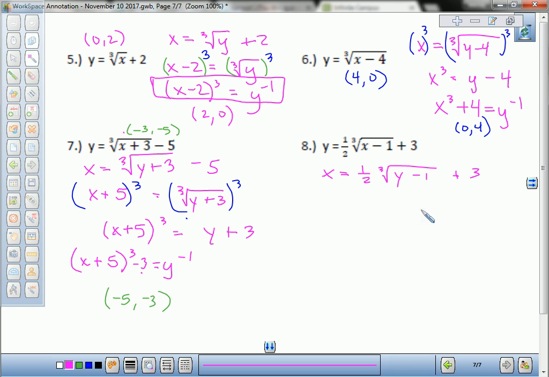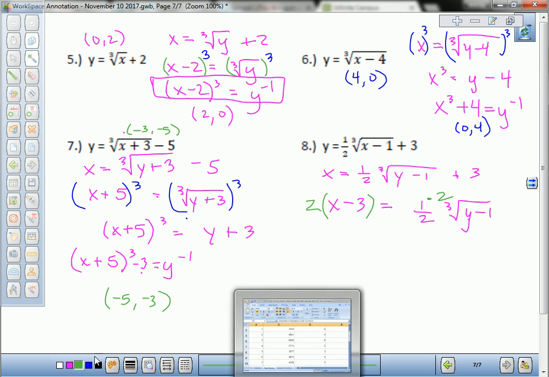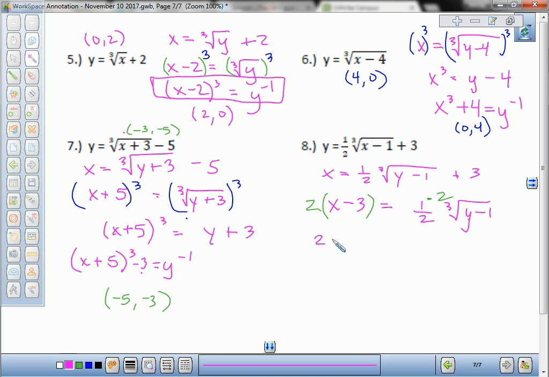The 1/2 or the 3? The 3. Now, because this is a fraction, instead of dividing, we would multiply by the reciprocal. So we multiply everything on this side by 2 and everything on this side by 2. Everything. So this gives us 2x minus 6.